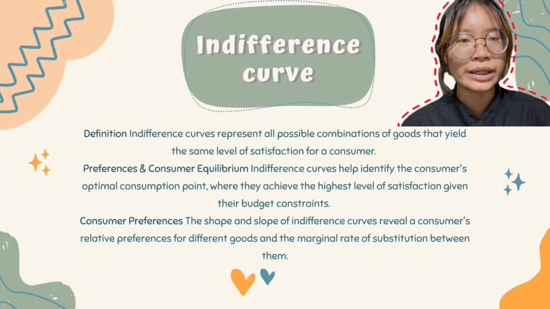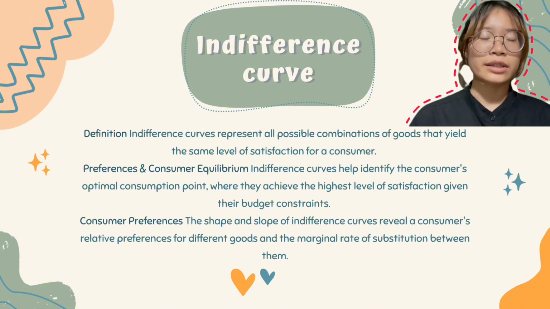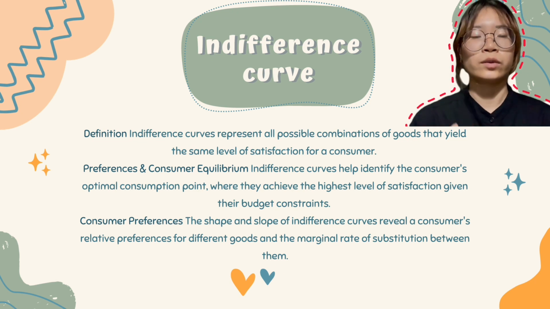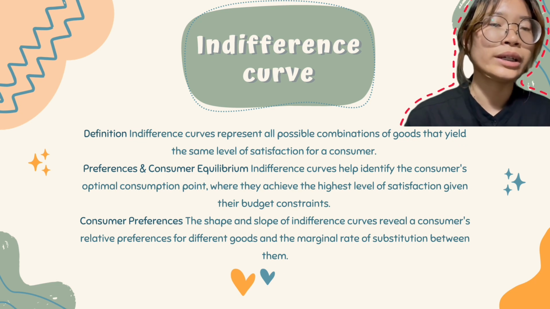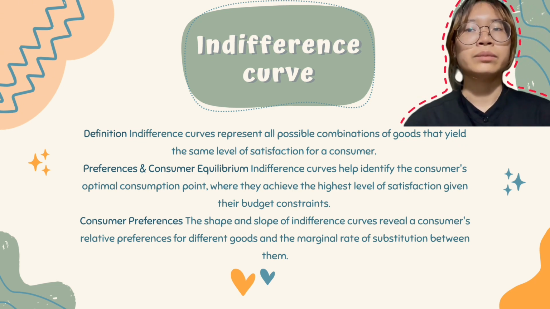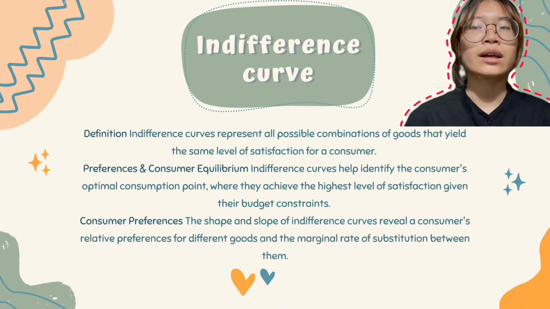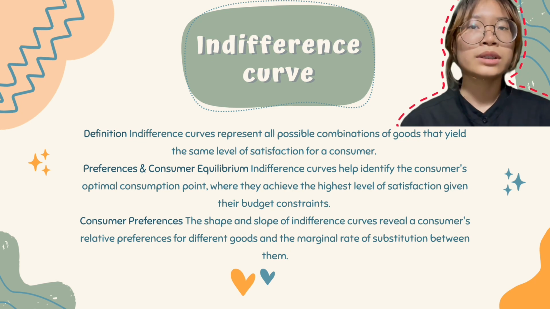So the next topic is the indifference curve. An indifference curve is the set of bundles of goods that a consumer views as being equally desirable, and a complete set of indifference curves summarizes a consumer's tastes.